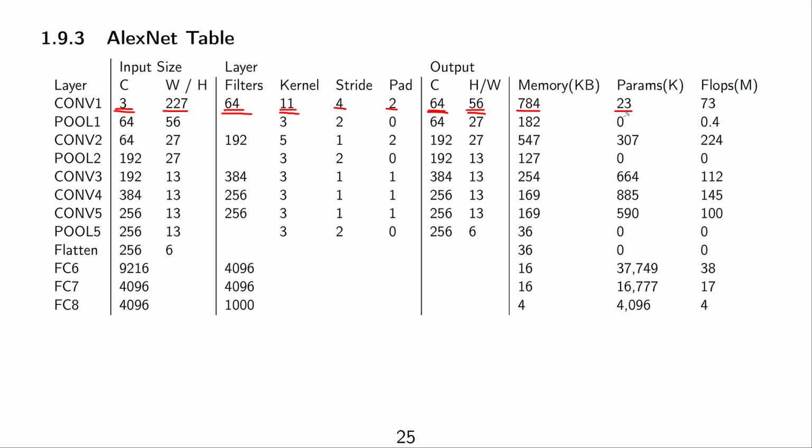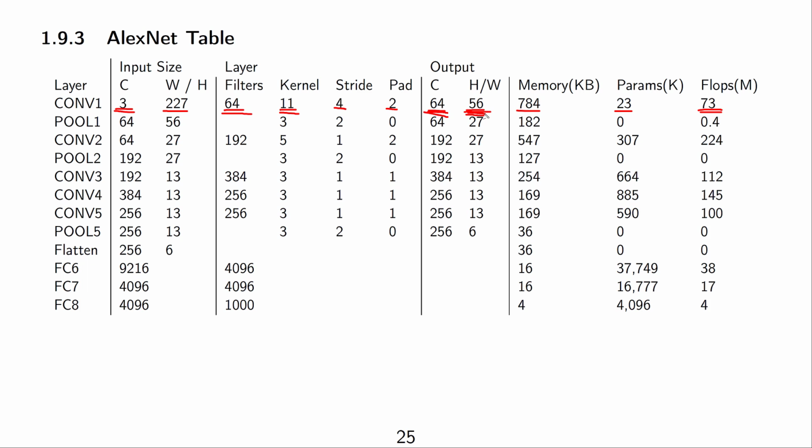How can we compute the number of operations? The idea is that as one operation, we count a multiply and an add. And we'll also do it approximately, so we don't think about the architecture and the exact details too much. So what we're going to do is compute again how many output values we have. Okay, we have 64 times 56 times 56 output values.